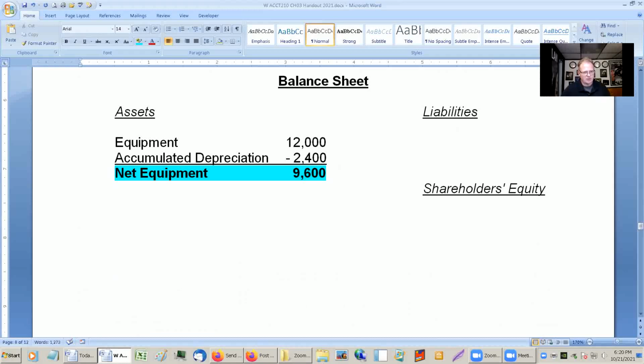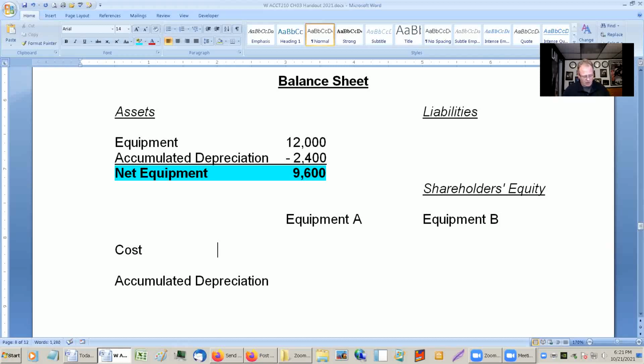Let's see that we have two pieces of equipment, and here are the costs of them.